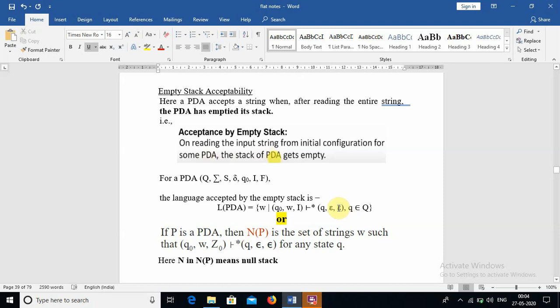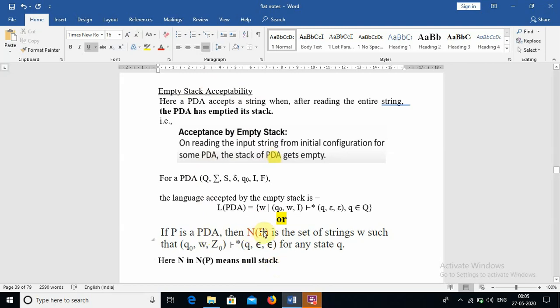So the stack is empty after consumption of the entire input string W. Maybe we can reach the final state or not, that is not important here. Okay, so the language accepted by the PDA by empty stack acceptance can be noted like this: N of P. Here the N is nothing but null stack, or empty stack, whatever.